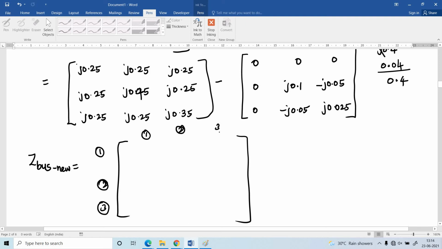1, 2, 3. The first element is j0.25, the second element is j0.25 minus 0, again j0.25, the third element also j0.25.